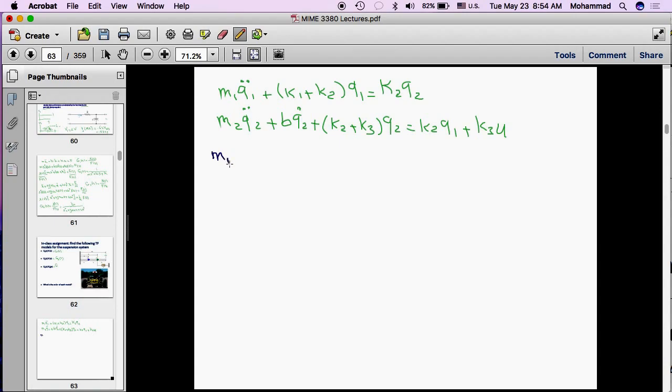It becomes m1 multiplied by what? S squared Q1 of S. So m1 S squared, again the assumption is all initial conditions are equal to 0, plus k1 plus k2 multiplied by what?